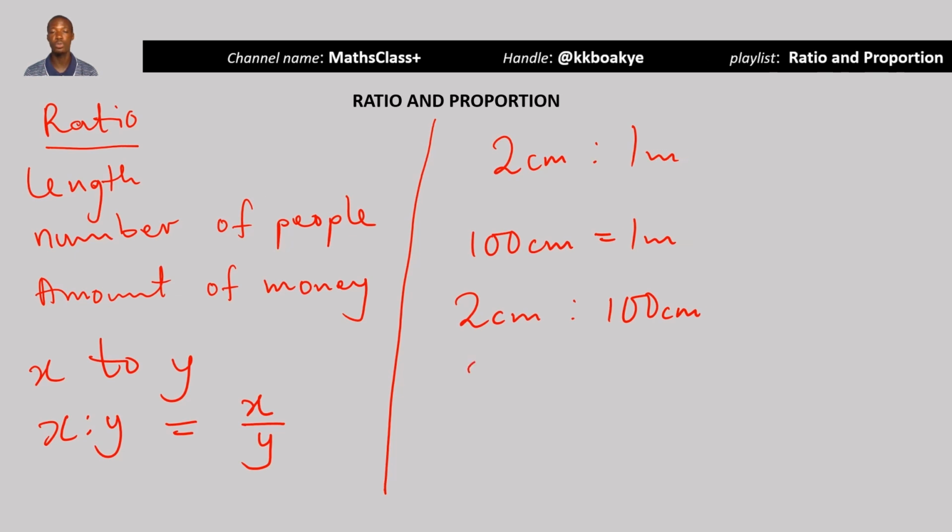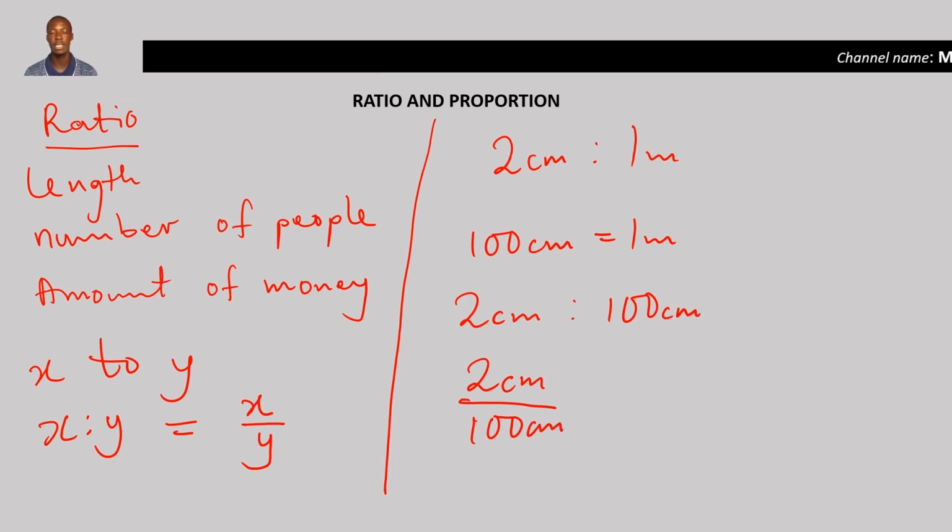Remember, the quantity that comes first becomes our numerator, and the second one becomes our denominator. So we have 2 centimeters divided by 100 centimeters.